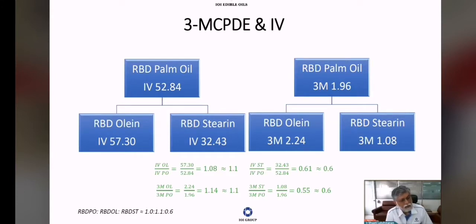So the ratio of IV tended to be a better correlation of how the 3-MCPD will concentrate in the olein and be lower in the stearin. We also tried to do a correlation for the GE. Next slide, please.